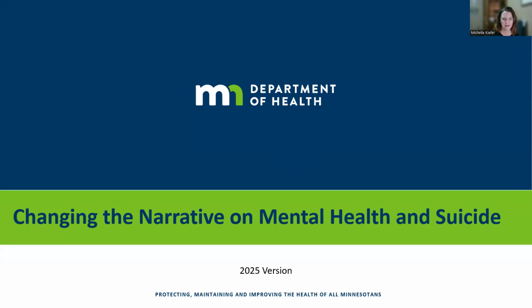I have been very passionate about mental health and suicide prevention for a very long time, because when my oldest son, he's 31 right now, was in 7th grade, one of his friends lost his life to suicide.